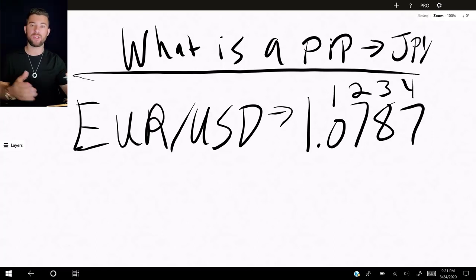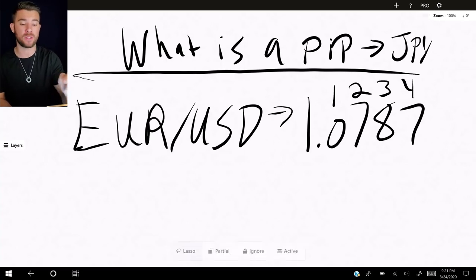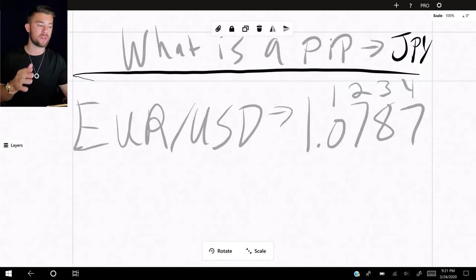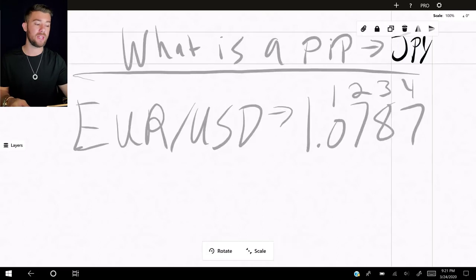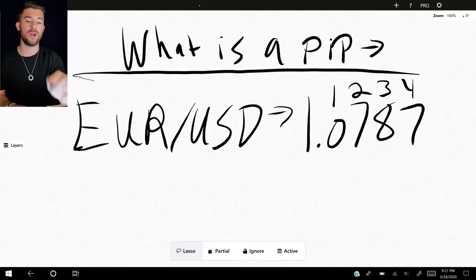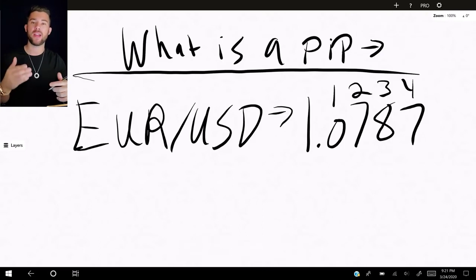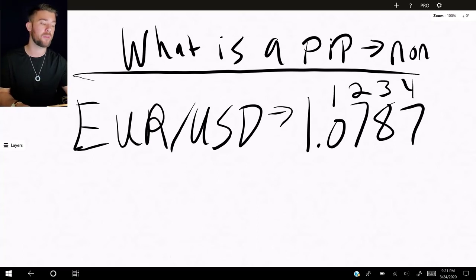Any currency pair with JPY in it is going to be slightly different, and we're going to go over that next. So this is what is a pip, non-JPY, and I'm going to put non-JPY here so that no one's confused. This is a pip on every currency pair except yen pairs, which we'll discuss in just a second. For every other currency, this is what you're going to use.